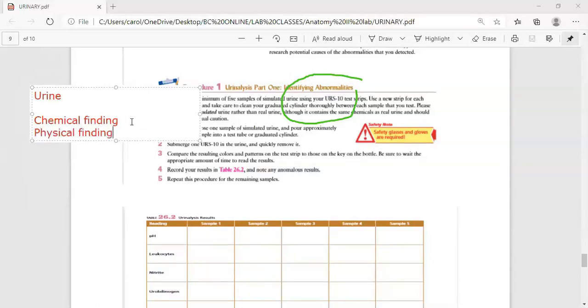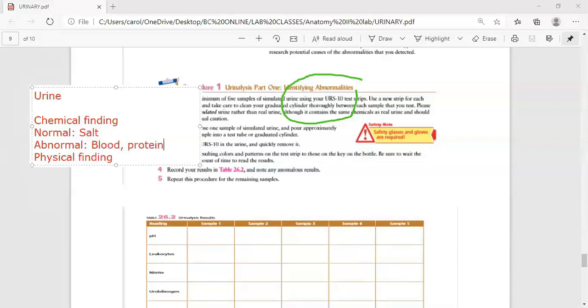In the chemical findings, you can find normal and abnormal. For example, normal can be salt, but abnormal is going to be maybe blood, proteins, or sugar. Can you find blood, proteins, and sugar in urine? Sure, you can find them, but that's going to be something abnormal.